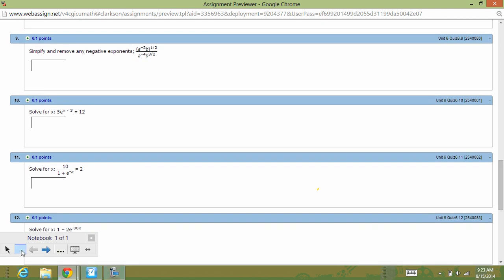And for 9, I'm going to rewrite this so it's a little easier to understand what it's saying. It's saying a to the minus 2 times b, all to the 1/2 power. So that 1/2 is an exponent right there. And then that's over a to the minus 4 power times a to the 3/2 power.